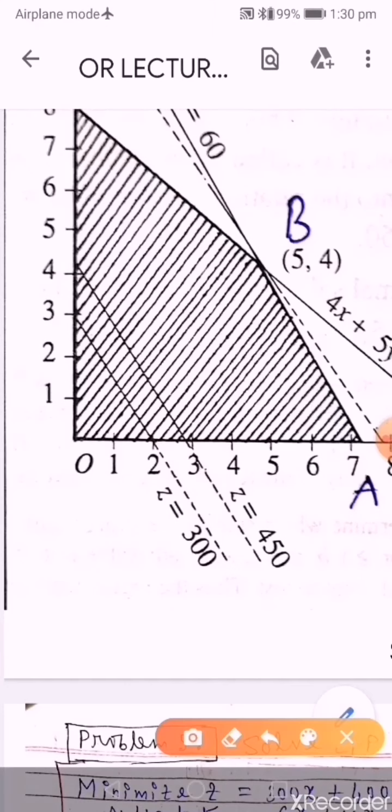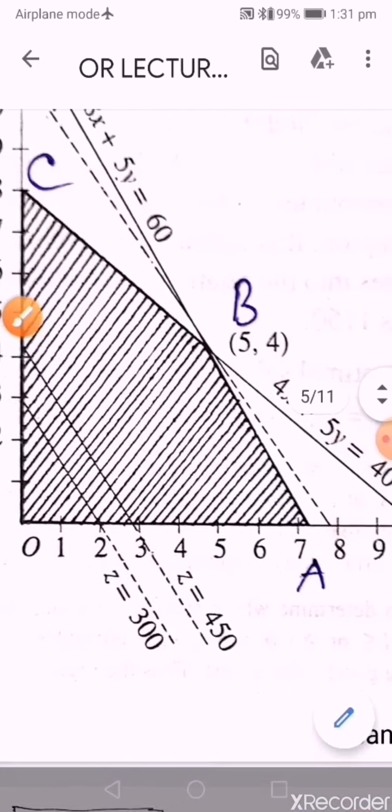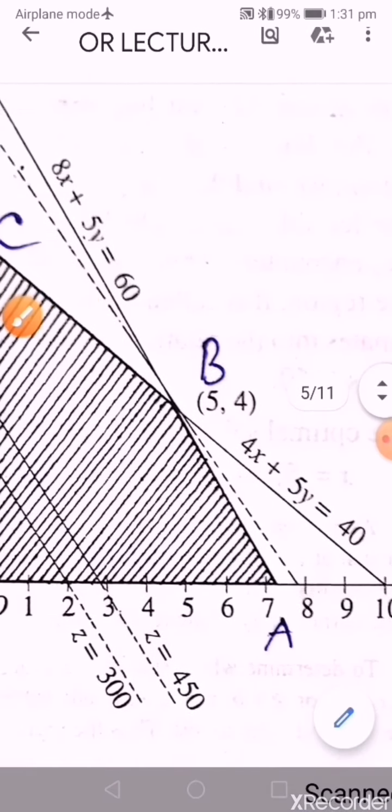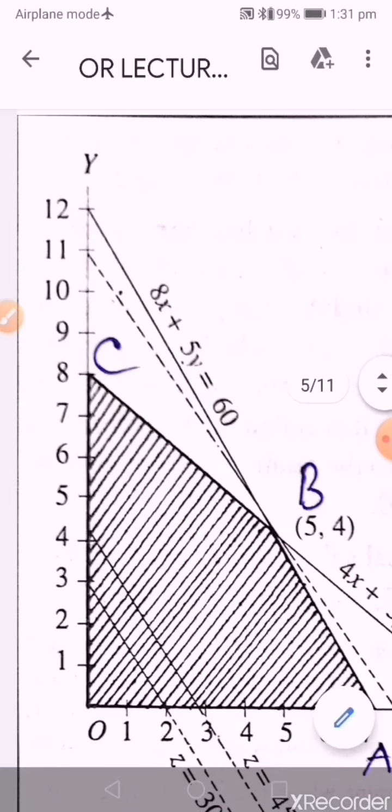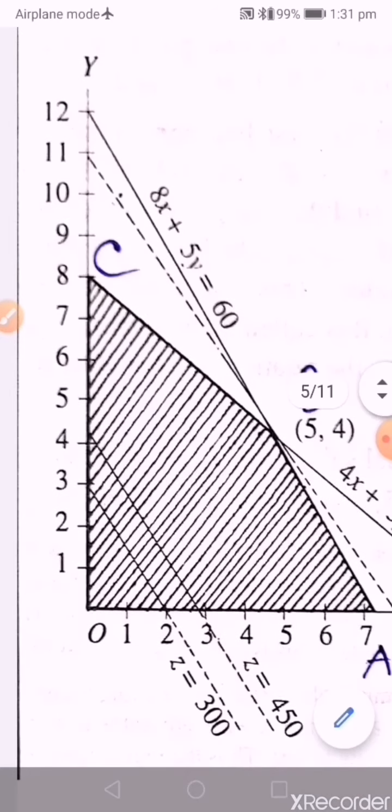Now, as it is observed in the graph, there are 1, 2, 3 and 4 corner points, which we will put one by one in the objective function. And the points are 0,0 here, A is 7.5,0, B is 5,4 and C is 0,8.